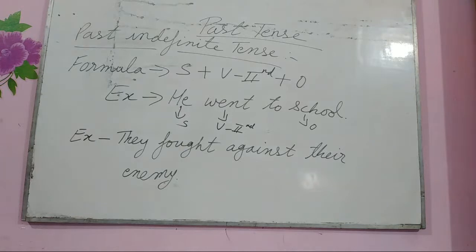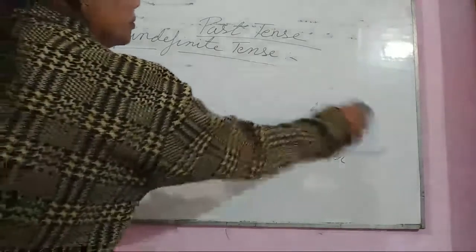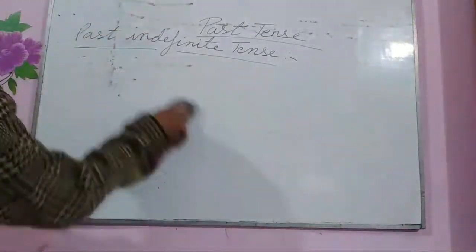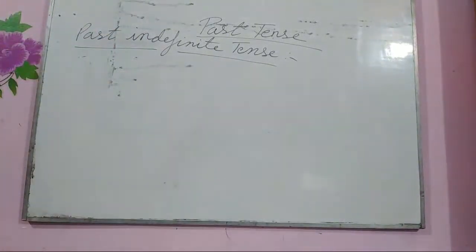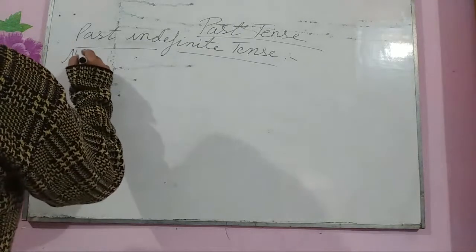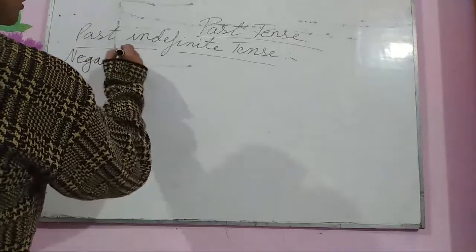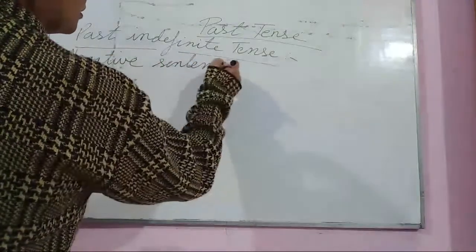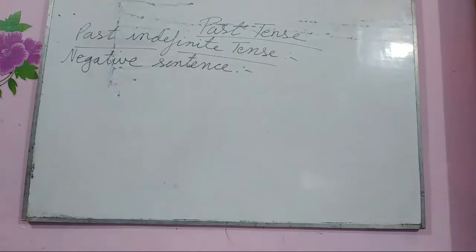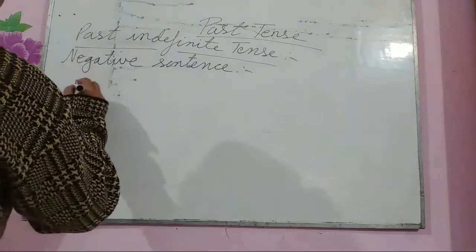Now let's see the negative sentence of past indefinite tense. Now we are going to see how to make a negative sentence in past indefinite tense.